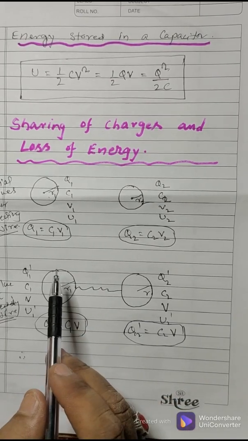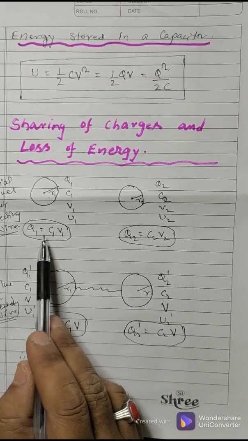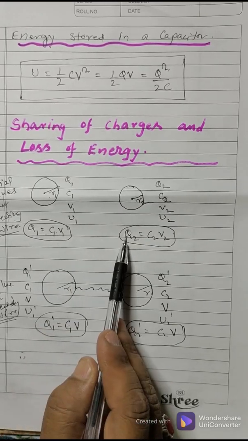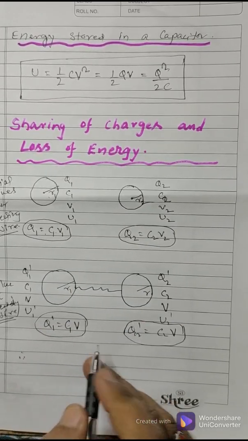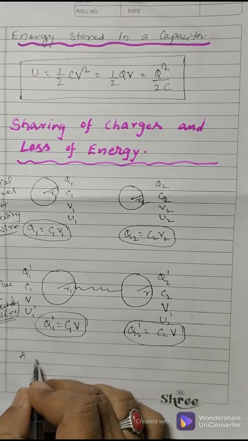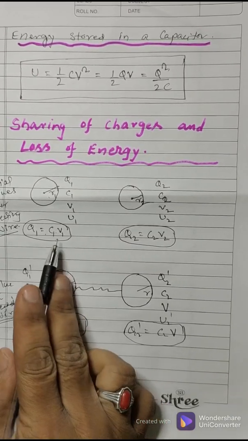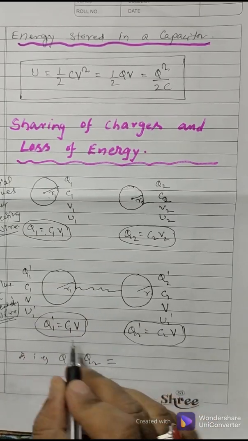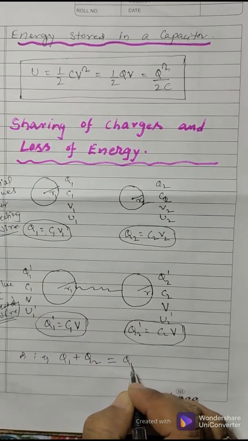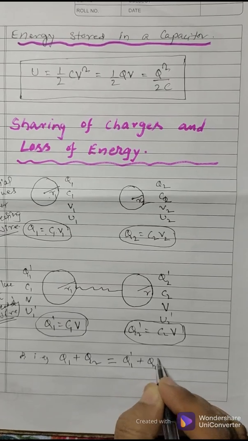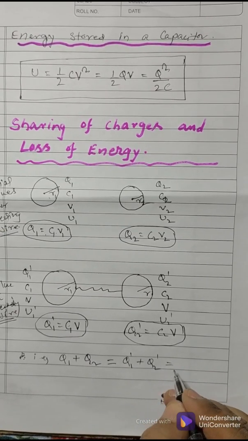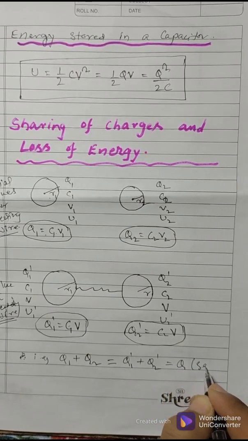But according to the law of conservation of charge, the sum of these two charges should be equal to the sum of the charges before. That is, Q1 plus Q2 should equal Q1 dash plus Q2 dash. I will call this total Q, say.